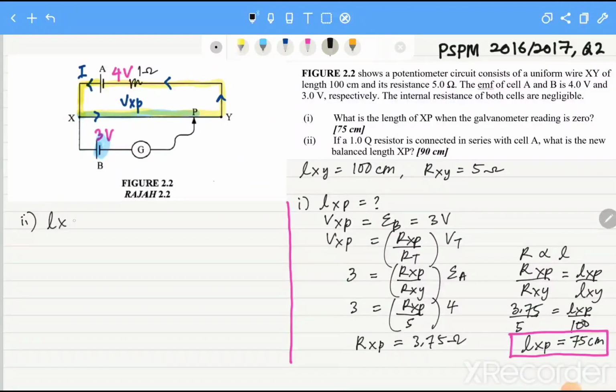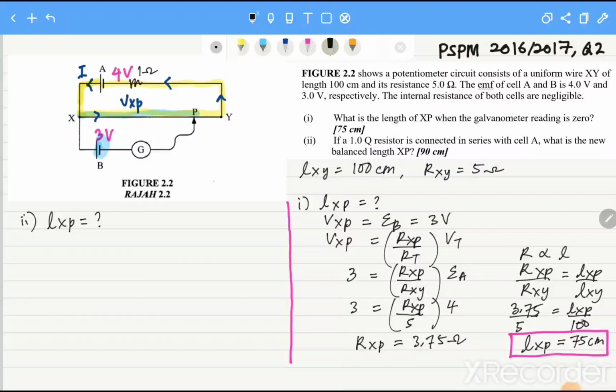So we want to find the new balance length LXP. When we add a 1 ohm resistor to the circuit, it will change the current in the wire. So we need the new balance length, or the new resistance RXP, to balance the EMF in cell B.